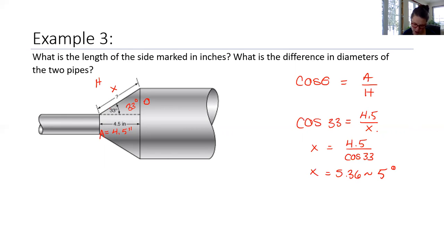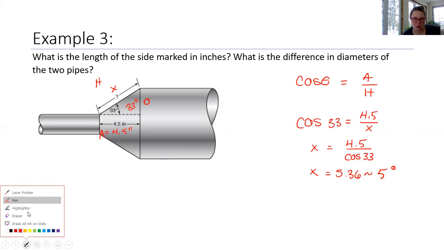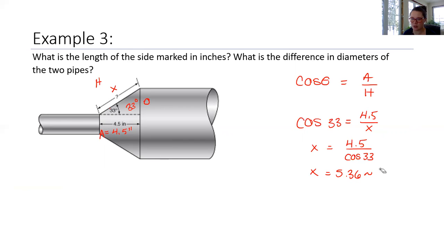Why did I put degrees? This is when I do blind things and I'm not exactly sure what I was thinking. We're not getting degrees. I'm going to go with 5.4. We'll keep 1 decimal place, 5.4 inches.